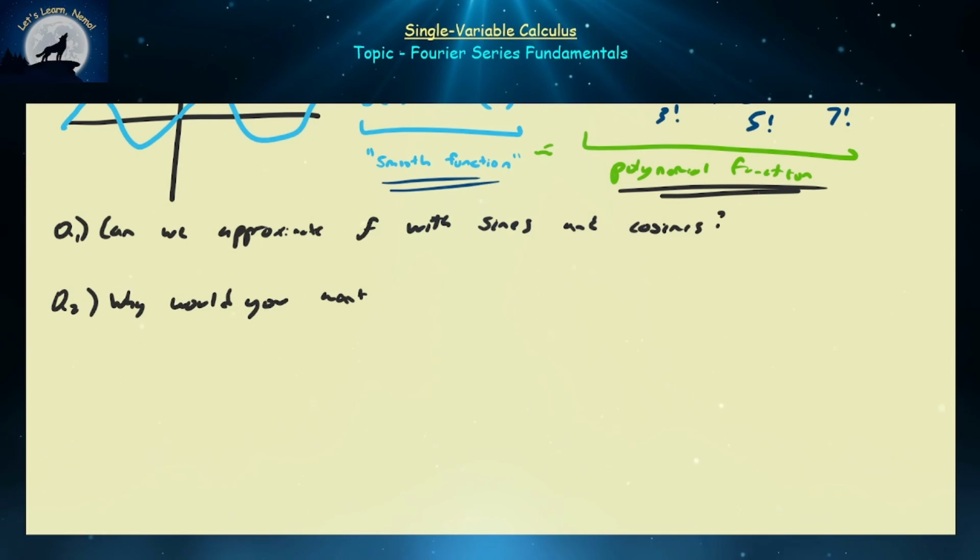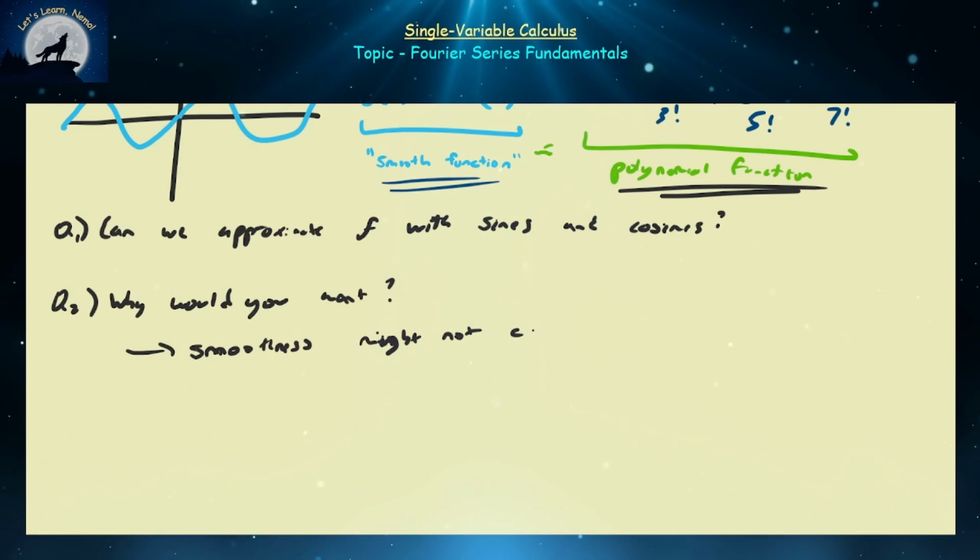Because polynomial functions work just fine, but maybe some functions aren't as smooth as possible. So, for example, smoothness might not exist for f.